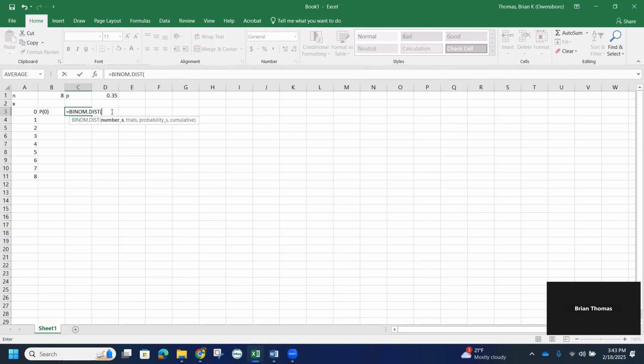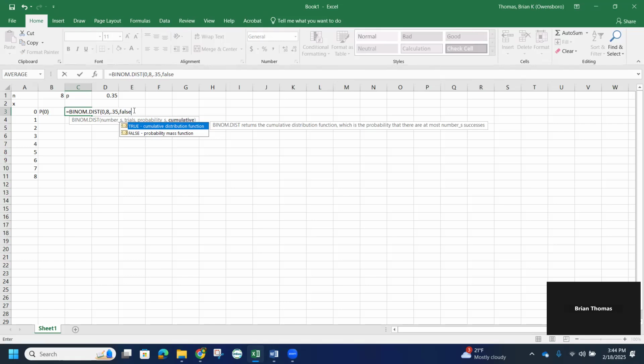Right now, we're saying 0 people chose to shop online. That's our x, that's our variable. And then the trials, we have 8 people altogether. The probability of success is going to be 0.35. Notice how I'm separating these by commas. The last part is cumulative. We don't want this to be cumulative, so we're going to put false here.